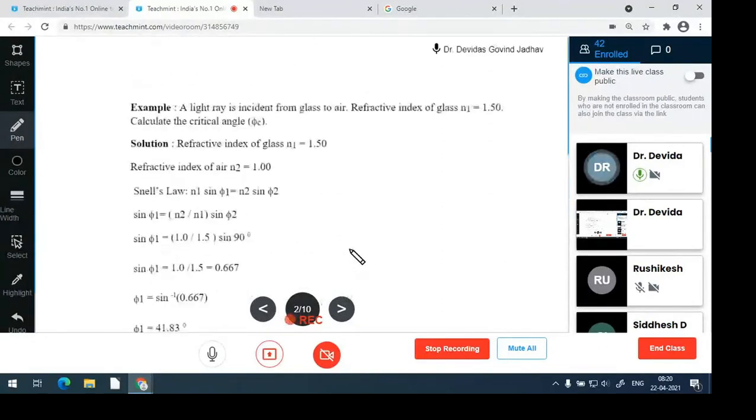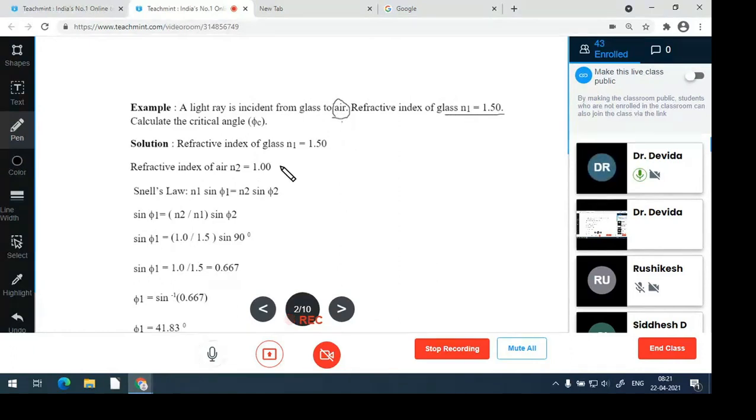Then the second problem, we are just revising this. We have seen this last week in the previous lecture. The light ray is incident from glass to air. The refractive index of glass is 1.50. The refractive index of air is 1.